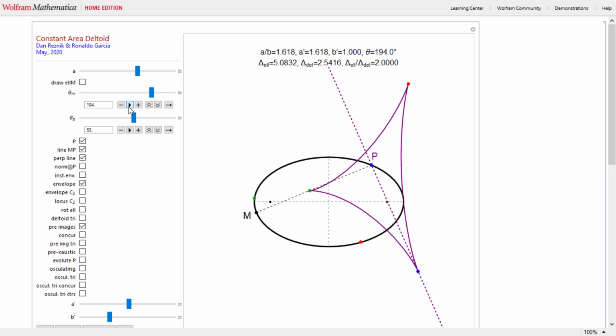Let's animate P, and we can see how this works out. So for example, right here when P passes through the preimage of the green cusp, it means that the family of lines is instantaneously tangent to the deltoid at the cusp.